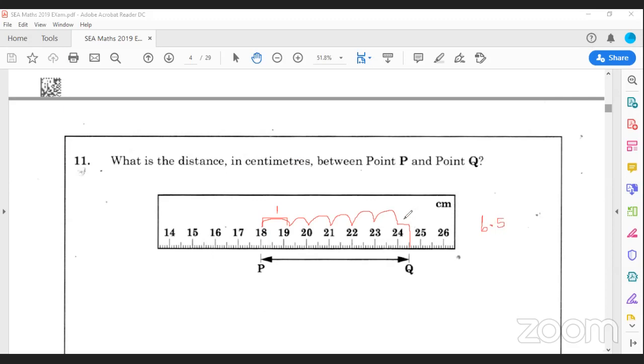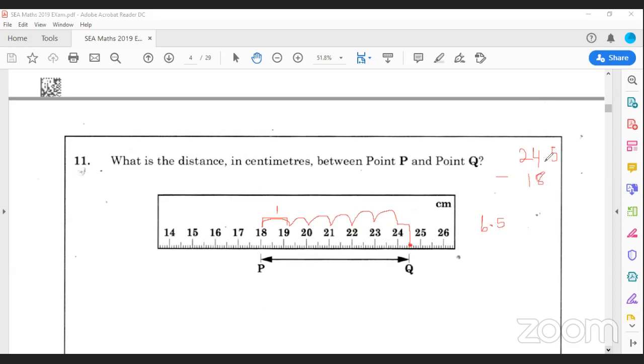To get the distance of P and Q, we can simply subtract, because where is Q ending? It's ending on 24.5. So what I can do is subtract 24.5 from 18.